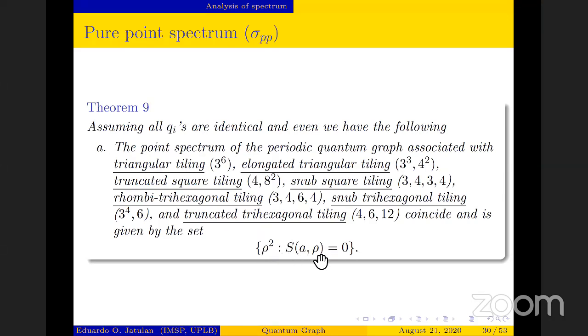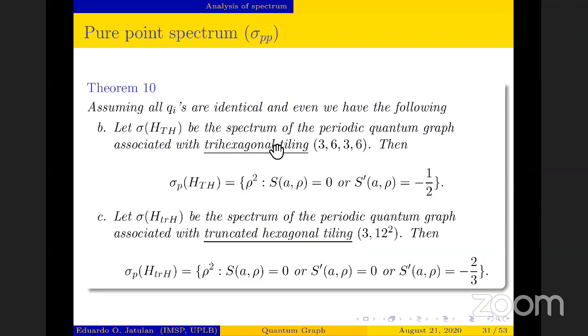Actually, this is just the eigenvalues of a Schrodinger operator acting on a line segment with Dirichlet boundary conditions. And then for the rest, we have the trihexagonal tiling and the truncated hexagonal tiling. So these are the configurations: a triangle, hexagon, triangle, hexagon.